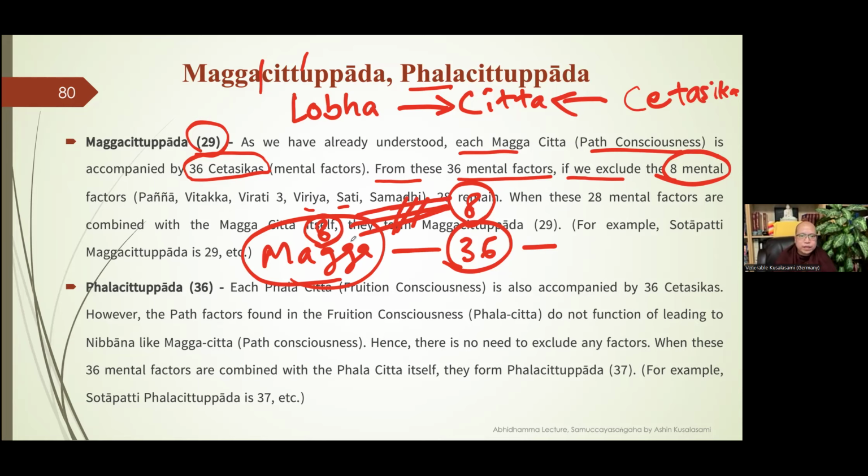It's nonsense. A man accompanied by a man? No, there's no way. A man accompanied by a dog, that's possible, but a dog accompanied by a dog, no. Here too, it is the same. We cannot include the eight Magga factors because the Magga is the base, so we have to exclude the eight mental factors from these 36.